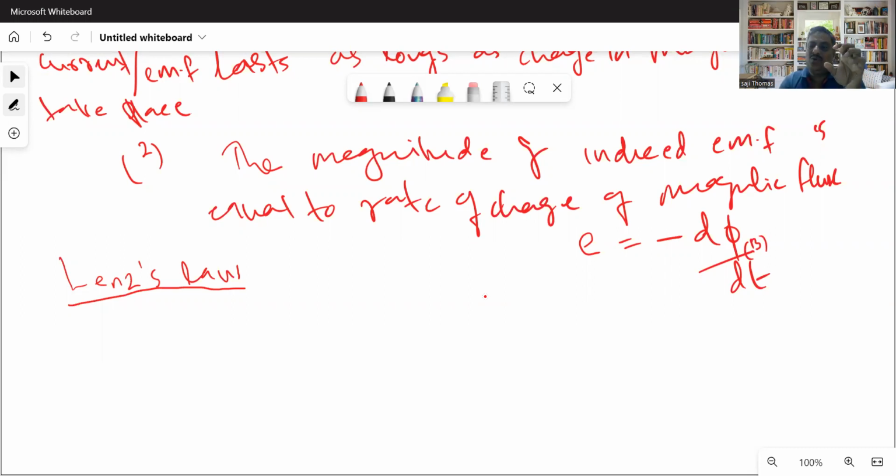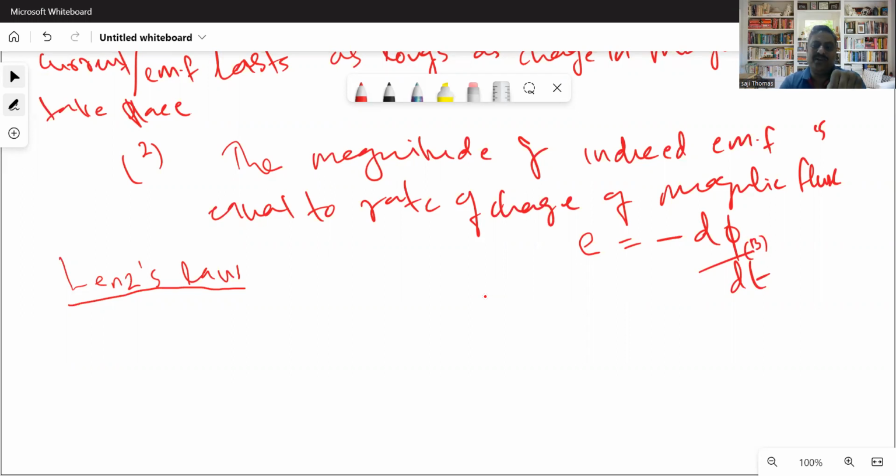See, you know, in the Faraday's first experiment, we moved the bar magnet into the coil. Then in the coil, induced EMF is produced. That EMF will oppose the movement. That means when you are moving the bar magnet towards the coil, induced current in the coil flows in such a way that the bar magnet is repelled away.